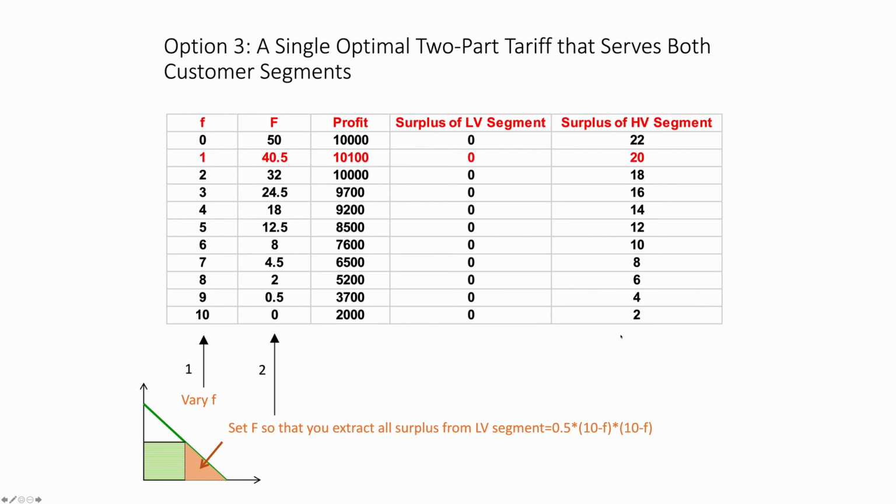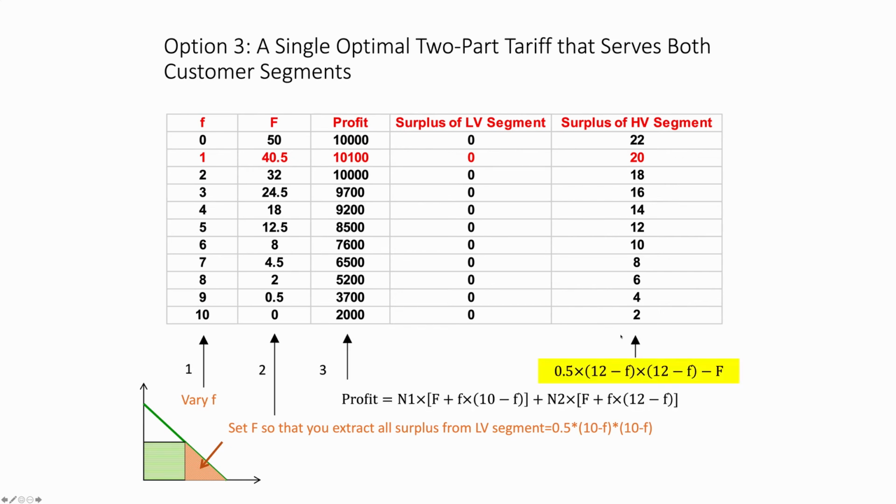Recall that in the previous scenario, the most profit we can get between options 1 and 2 is $10,000. So option 3 is better than either option 1 or option 2. Here's the profit formula. And the high value segment surplus is half times, remember that triangle formula for the high value segments, and then deduct the fixed fee that we charge in this two-part tariff plan.